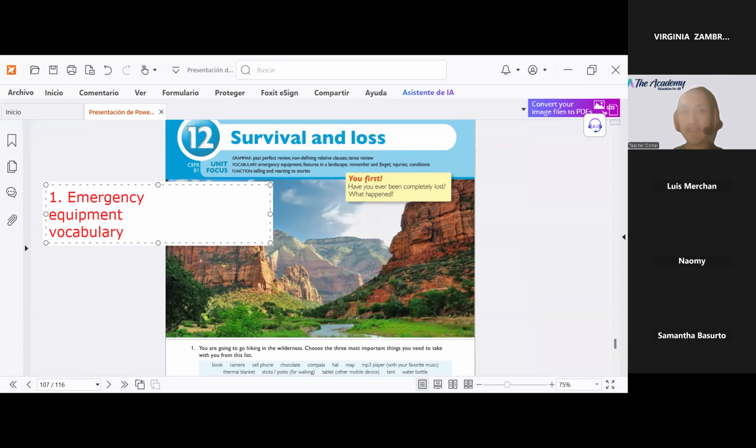Blancanieves. Yeah, but don't focus on the princess. Focus on the word. It's something that you need for an emergency.